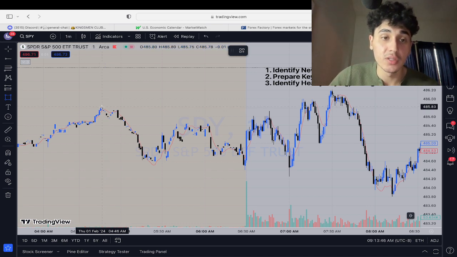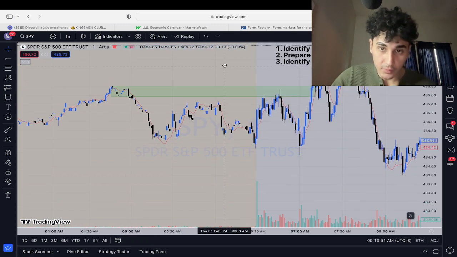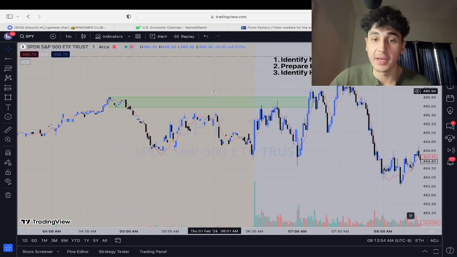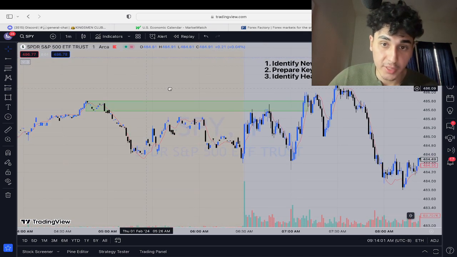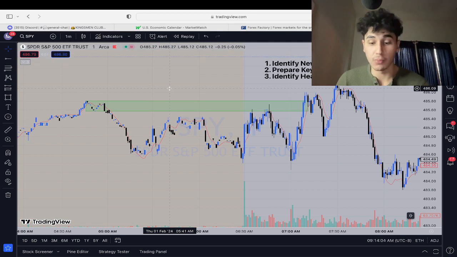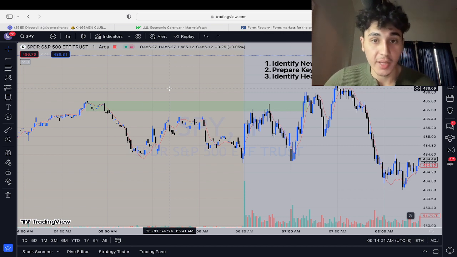But if you use your zone kind of like this as a resistance, then you'll have a little bit more time and a little bit more room to actually play with and utilize while in your trades. So that's what I do for my support and resistance levels, because at support and resistance, it's not always just going to immediately hit that one price and reverse, or hit that one price and go back to the upside. It's going to take some time for those buyers or sellers to actually step in and push price in either direction. So that's exactly what I did here.